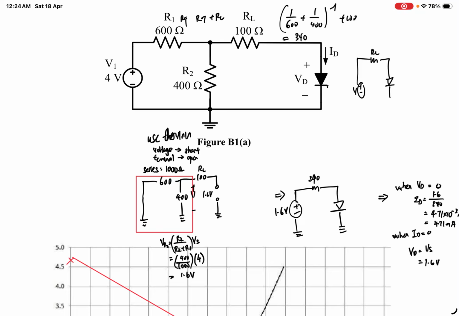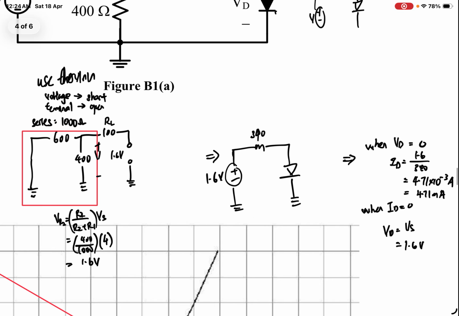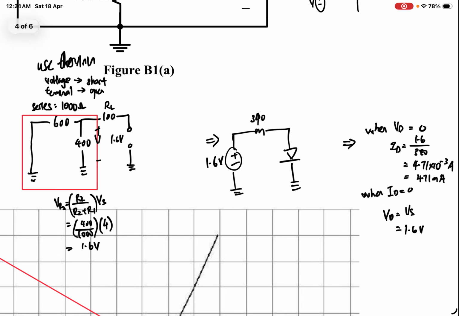We use the 600 and 400 in parallel, plus the 100, and we get RL, which is 340.